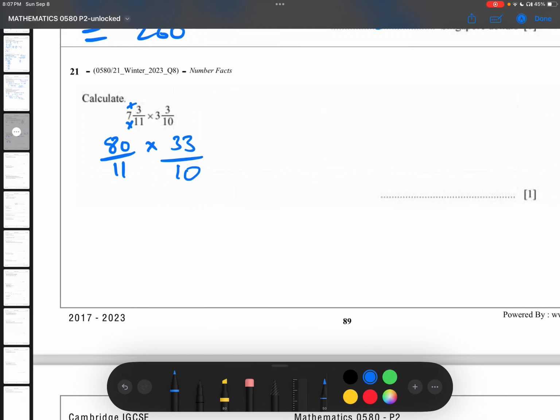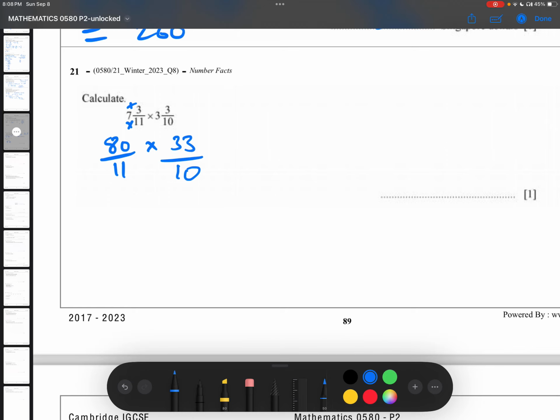Before I multiply these fractions, we can see that 11 in the first denominator and 33 in the numerator of the second fraction can be cancelled out. 11 into 1 is 11, 11 into 3 is 33. Now this 80 can also be cancelled out with 10. 10 into 1 is 10, 10 into 8 is 80.